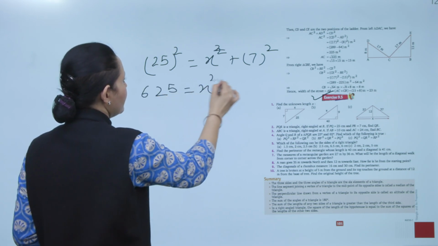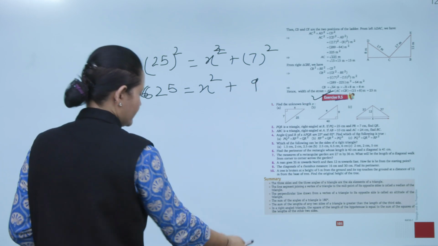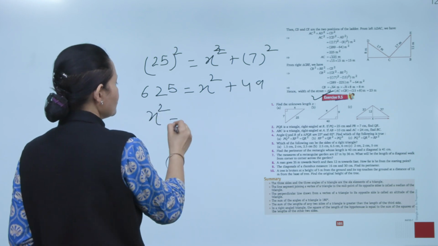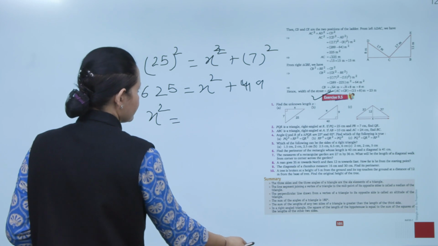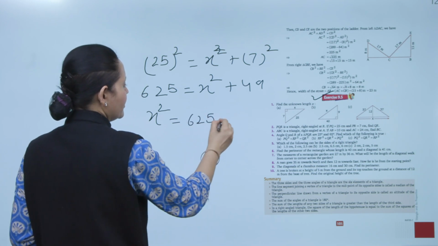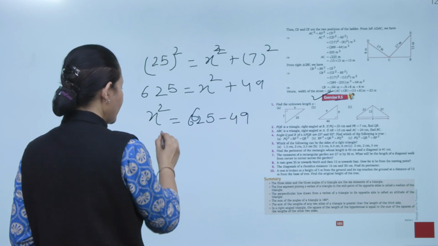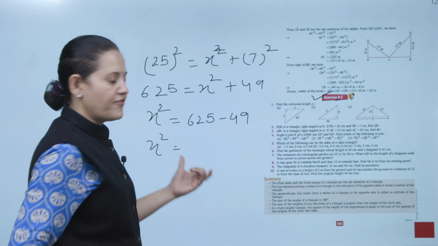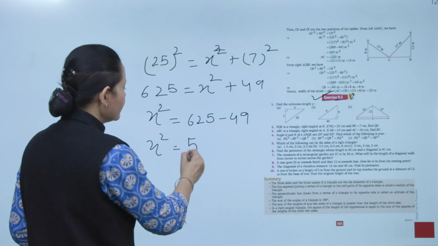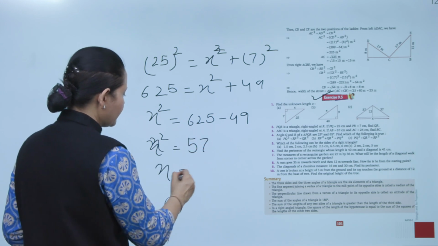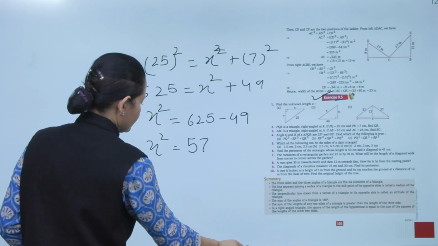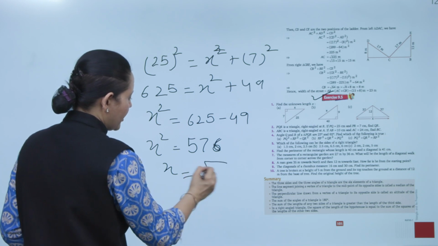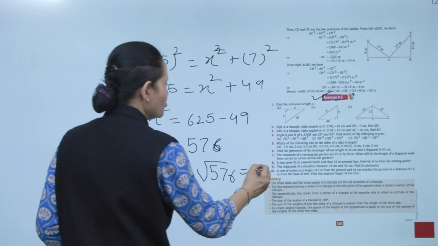That is equals to x square plus 49. x square equals 625 minus 49. x square किसके इक्वल हो जाएगा, 576. सो रूट निकालेंगे, x equals to root 576, that is equals to 24.